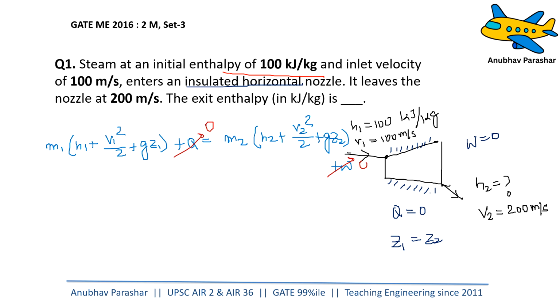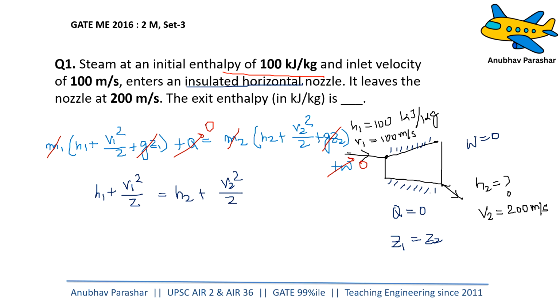It is not a work producing device, so W is zero. Elevation is horizontal, so this is also going to become zero. And since it is a steady flow device, now we can cancel out the mass also, m1, m2. So the equation reduces to h1 plus V1 square by 2 is equal to h2 plus V2 square by 2.